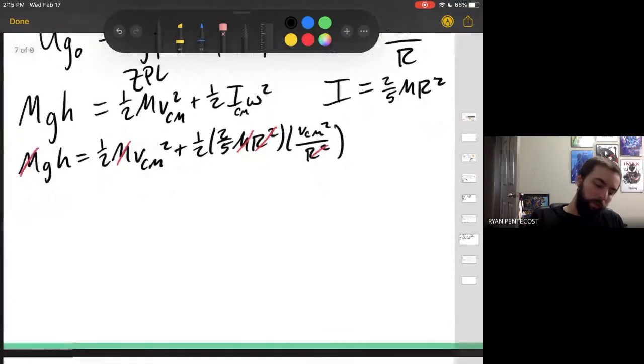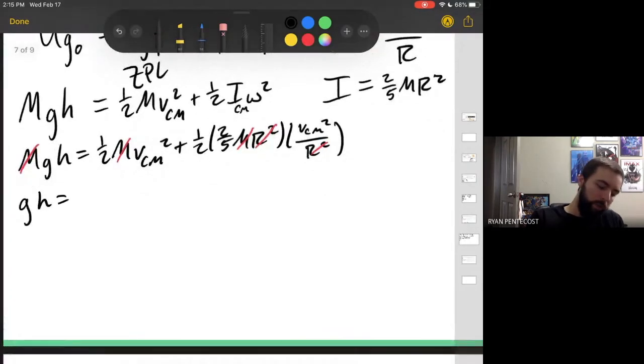We are left with gh equals, we'll factor out the 1/2 and the v squared, so you've got 1/2 v center mass squared times 1/2 plus, let's see, these 2's are going to cancel, so then you just have 1/5.